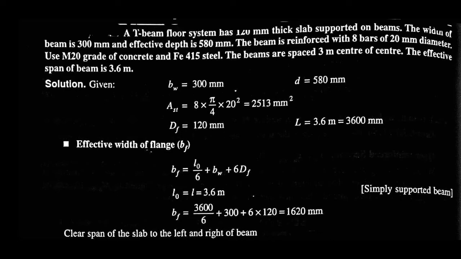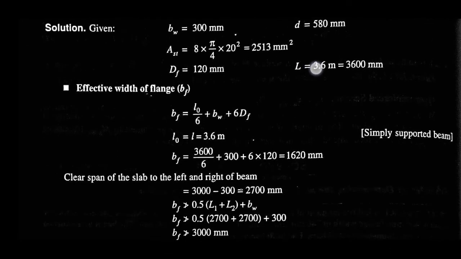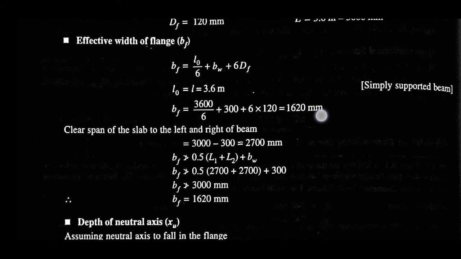For simply supported beam, here L0 is equals to L, that is equals to 3.6 meter. So bf is equals to 3600 by 6 plus bw, that is 300, plus 6 into Df, that is 120 mm, that is equals to 1620 mm.